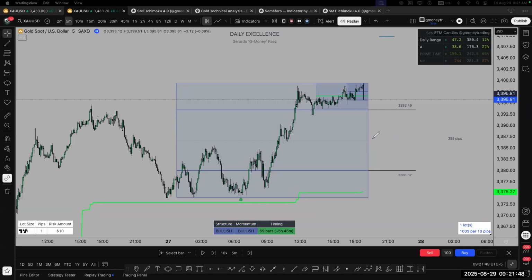50% is fair value. Would you guys agree with that? Yes, Joe, the structure is based on the lowest low inside the box and the highest high.